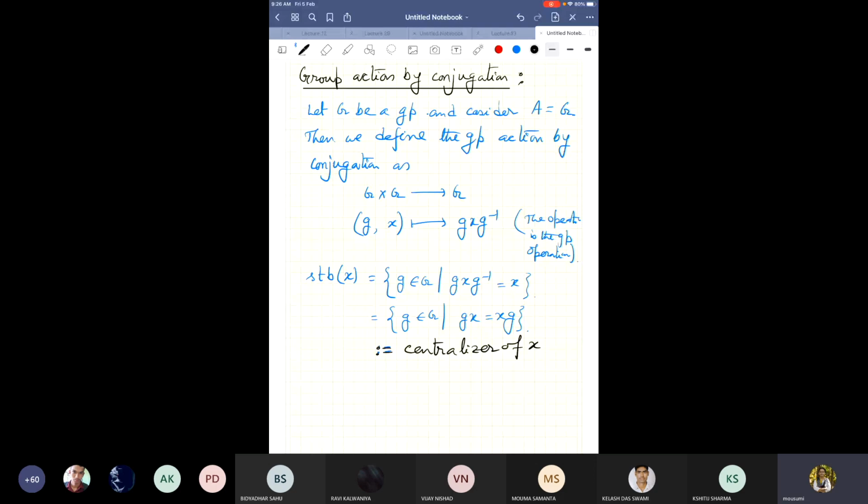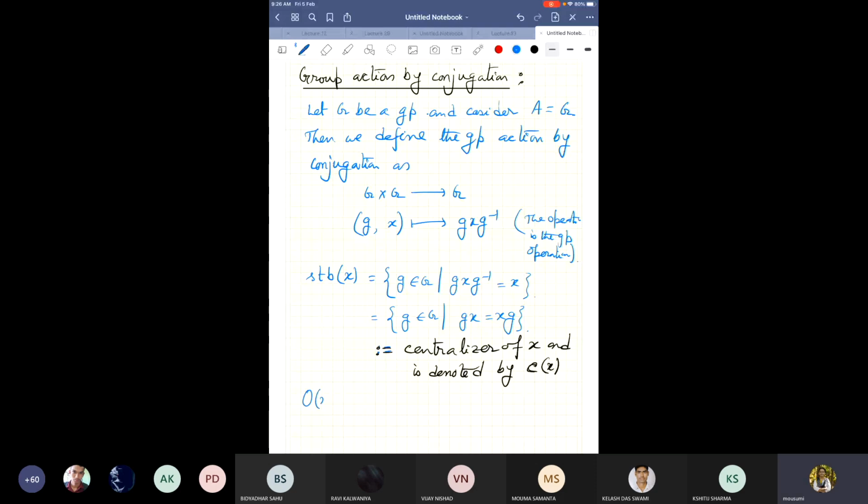This is just another notation to denote the stabilizer for this particular group action by conjugation. So this is called centralizer of x and it is denoted by C(x).